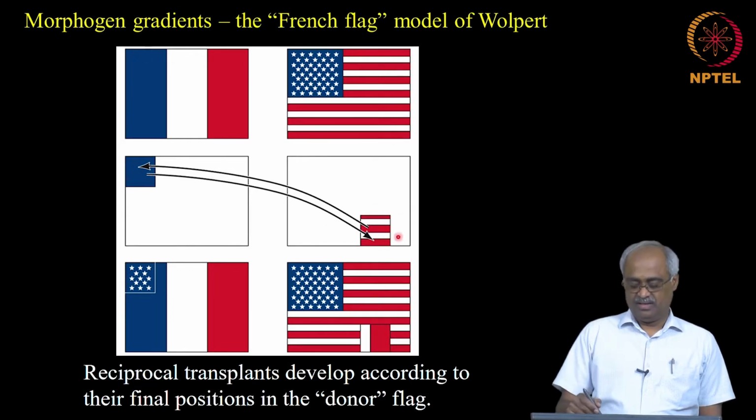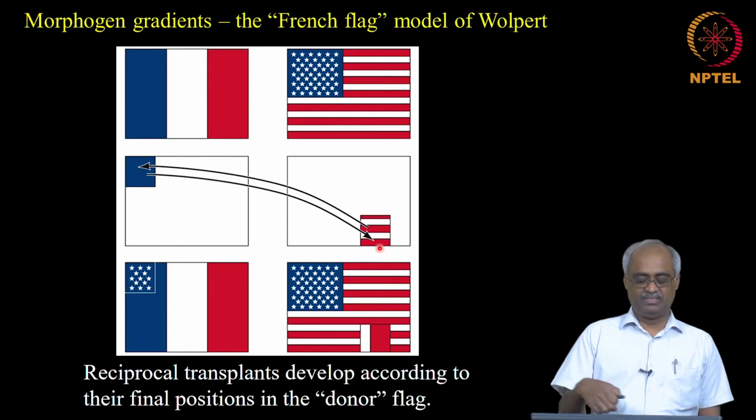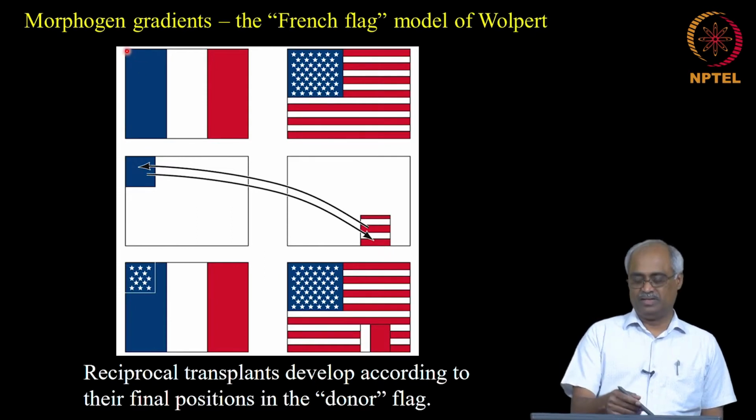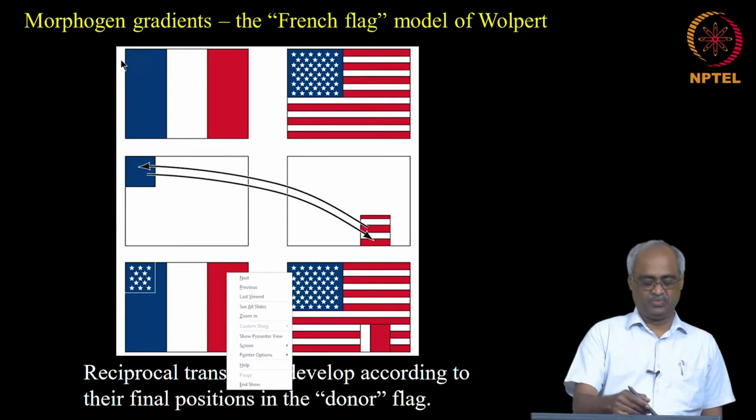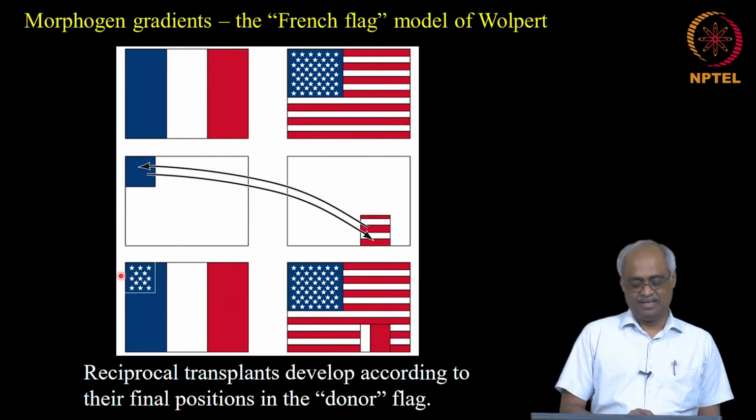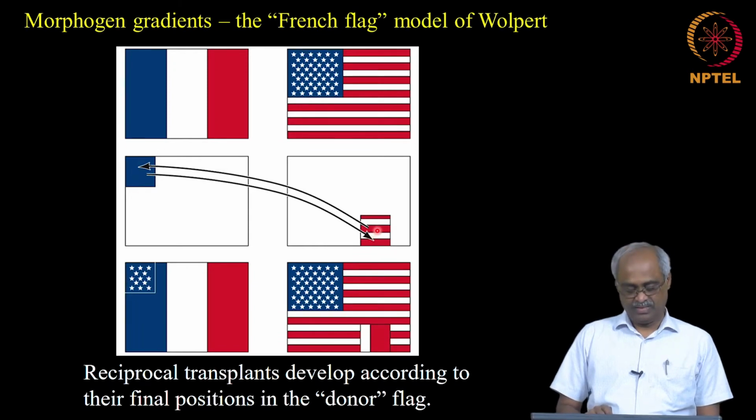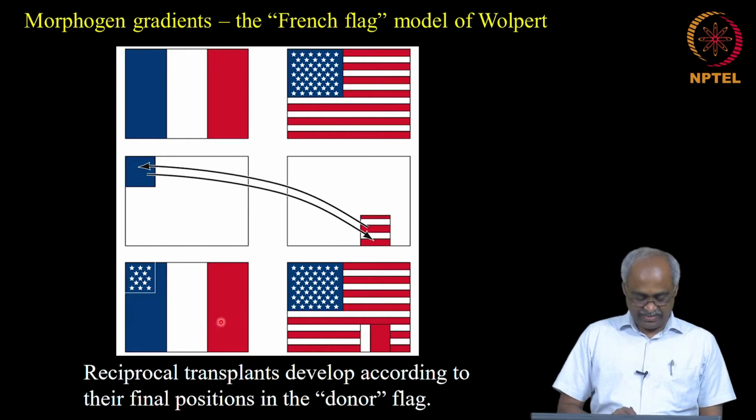Instead, based on whatever instruction they already have, they are going to make the structure. Like in this embryo, in this part it would have made these stars and blue color background, and that is what it is going to do here. And similarly the opposite: you take this and put it here, and it is not going to make this portion.